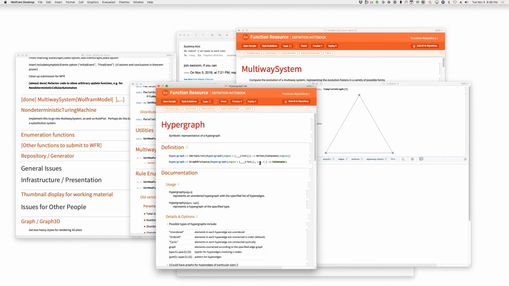Because this is the ordered hypergraph case. In a hypergraph with a single hyperedge 1 to 3, the distance between 1 and 3 should be 1. Yes, I see. So what we want to do is turn that into edges 1, 3, 1, 2, and 1, 3. But actually also 2, 3.